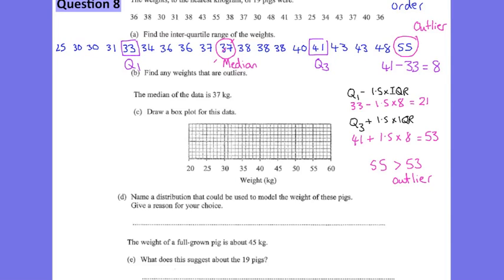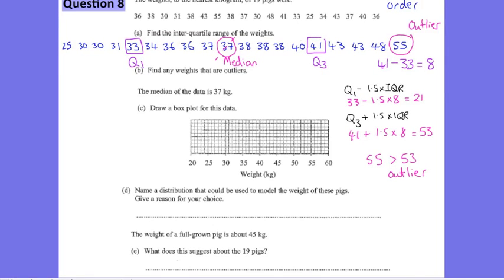So we can mark that on as the first point. So 55 here, we are looking at the outlier. So this point here at 55 is our outlier. Okay, looking now at our smallest value, our minimum value, and our largest value.